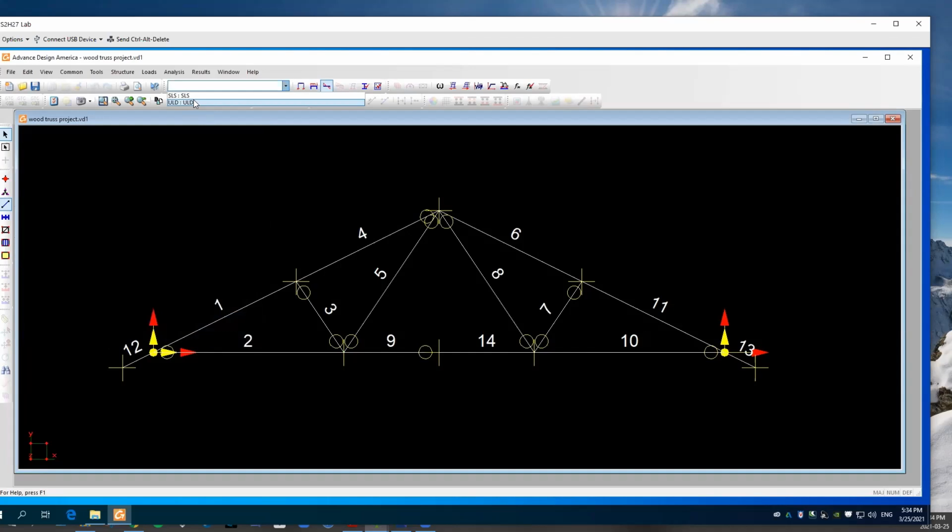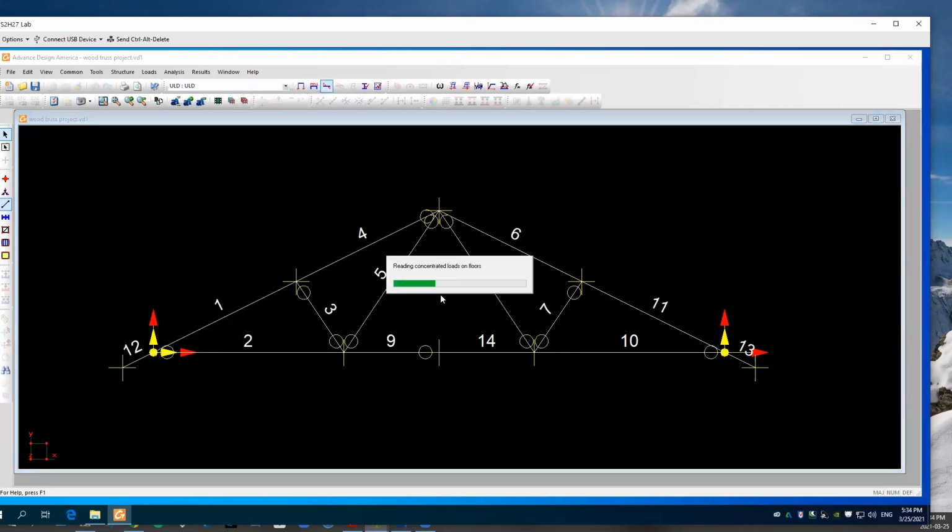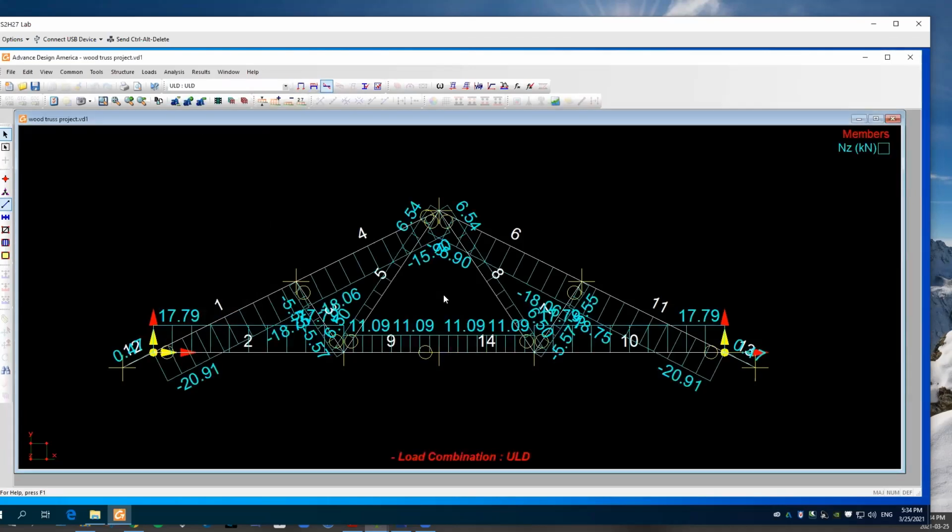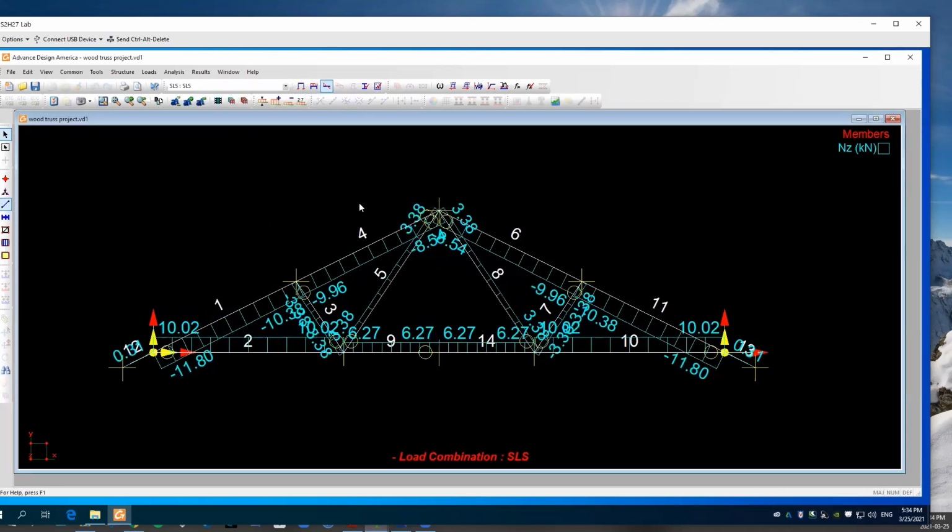Okay. Now I don't want the, I want for service. Go back. Put serviceability. I don't even want to see that. What I want to do is you have serviceability here, right? Yeah. I want you to click on the node here. In other words, this is just your snow load right now?